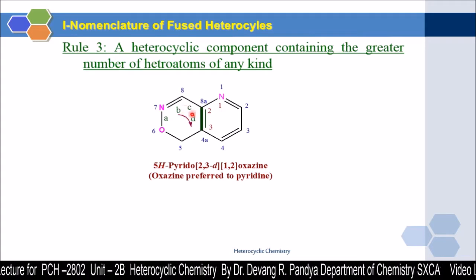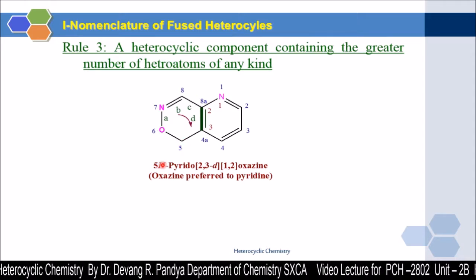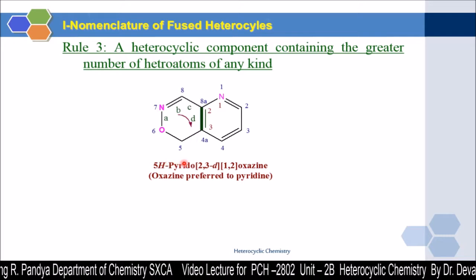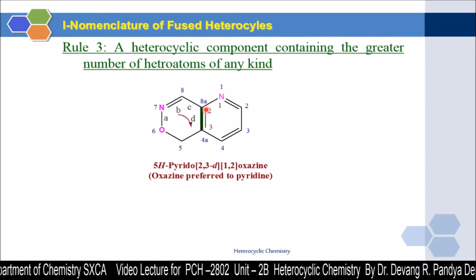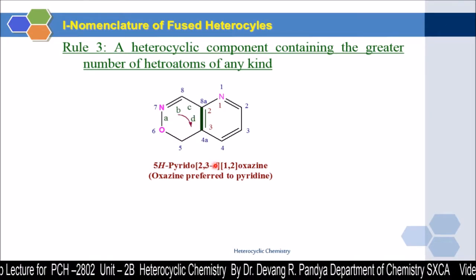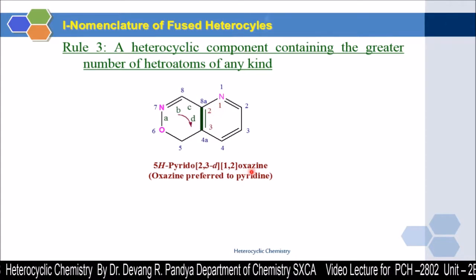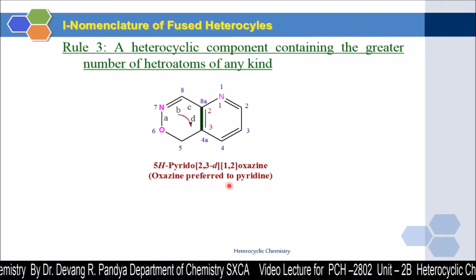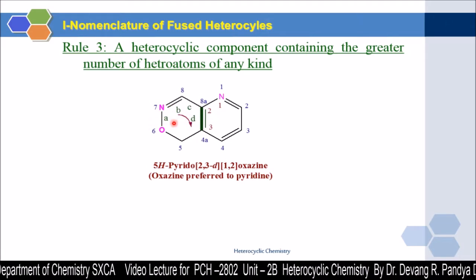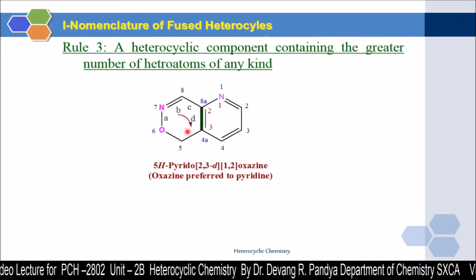So this is going to be your base ring, and this one, numbered 5, is having a proton, hydrogen, so 5H-pyrido[2,3-b], where 2,3 is the common wall, and b is the common wall, so 2,3-b is written in box bracket, 1,2-oxazine. Oxazine is preferred to pyridine because pyridine is already a 6-membered nitrogen containing ring, but here one more hetero element is there, so this is going to be the parent ring.